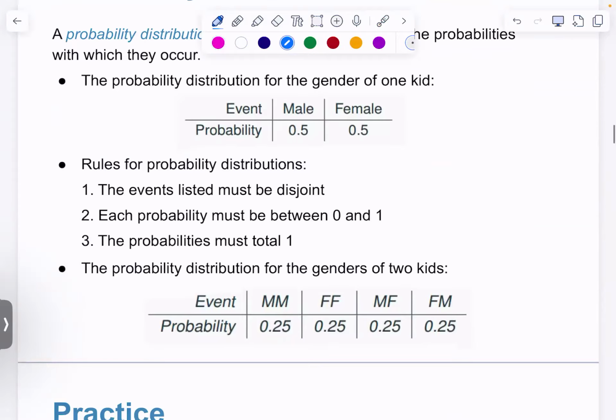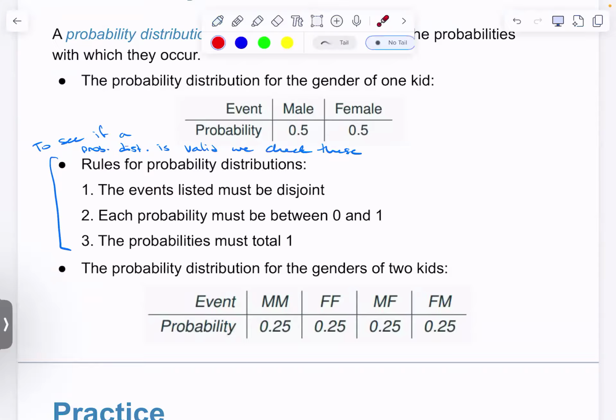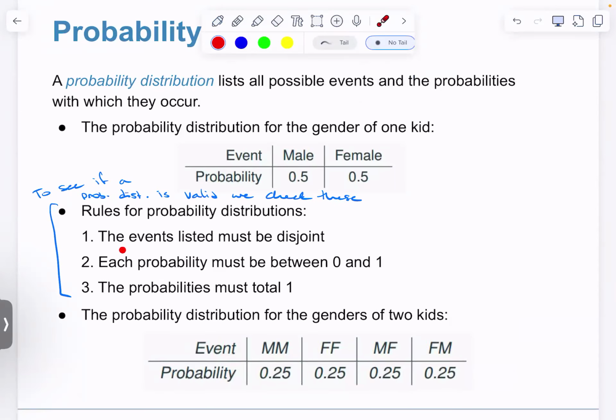And so here, I'll clarify to see if a probability distribution is valid. We check these. First thing, the events listed must be disjoint, right? There can't be any overlap in our probability distribution.